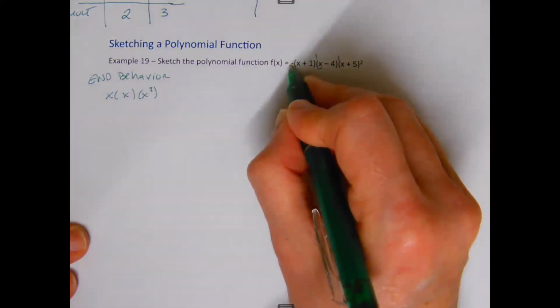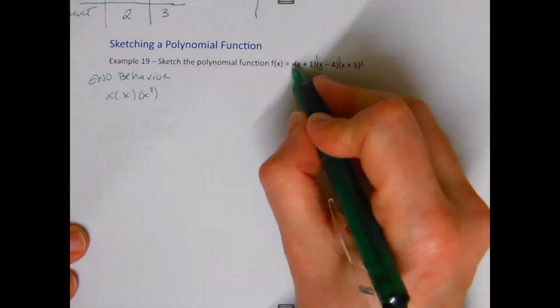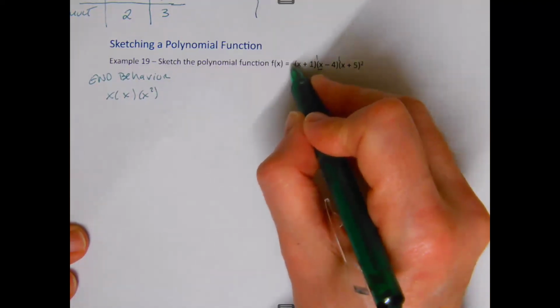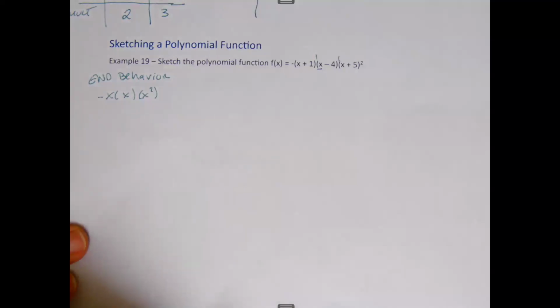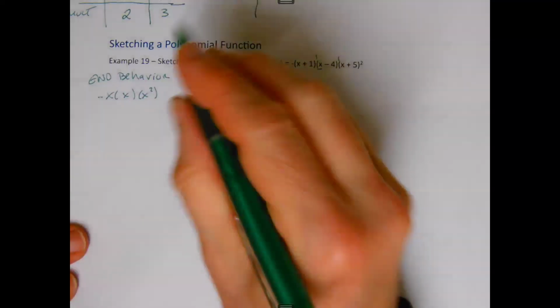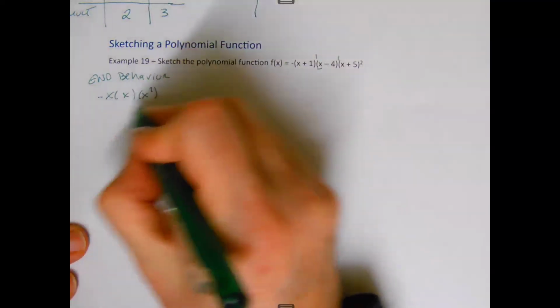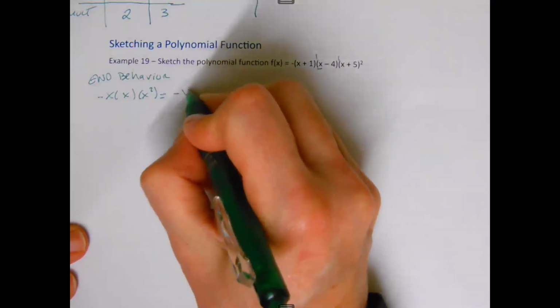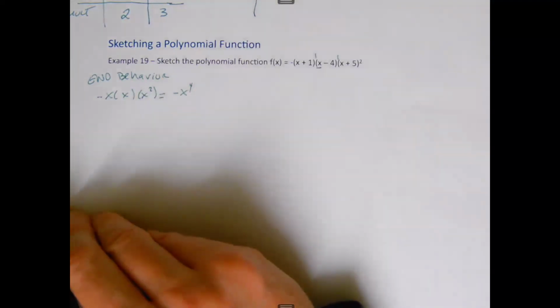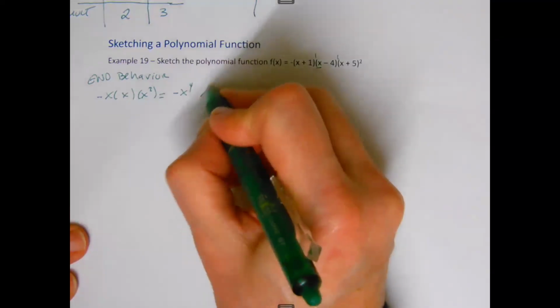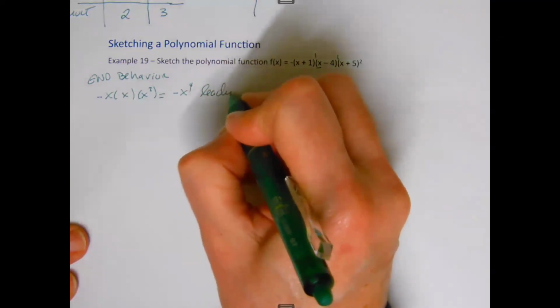And if I were again to multiply all this out, eventually I would have to distribute the negative. So this is going to be the leading term right here. It's going to be negative x to the fourth. That's the leading term if I were to multiply all this out.